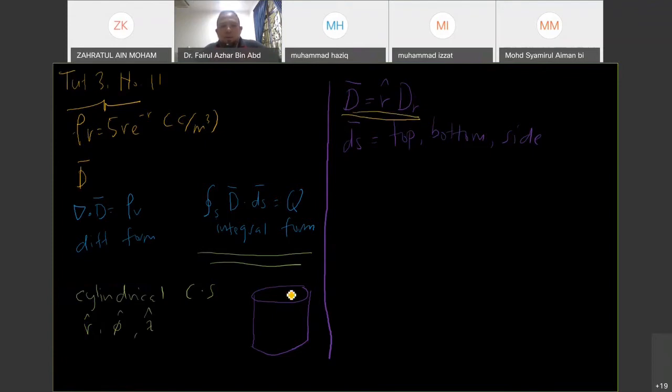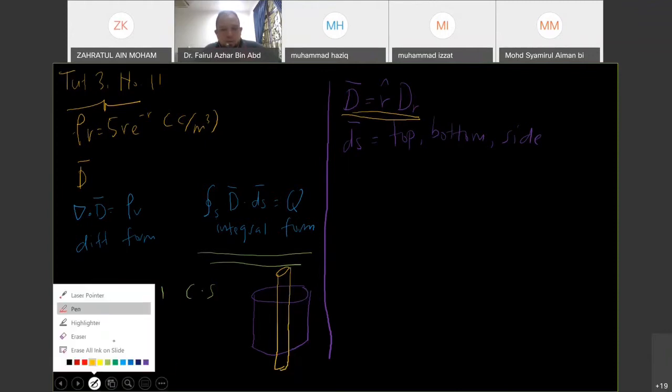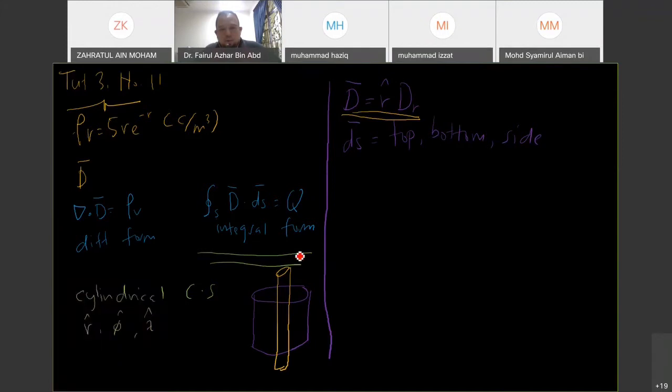Normally when we talk about charge present in a line charge density, we will have a cylindrical shape. And most of the time, the direction of the electric field will be developed in this way.